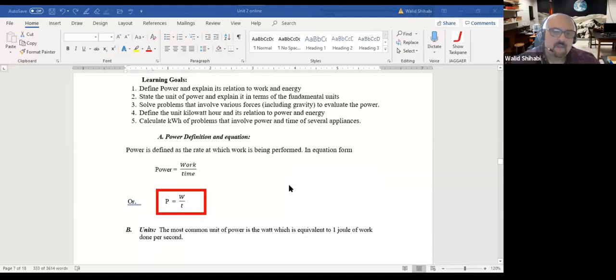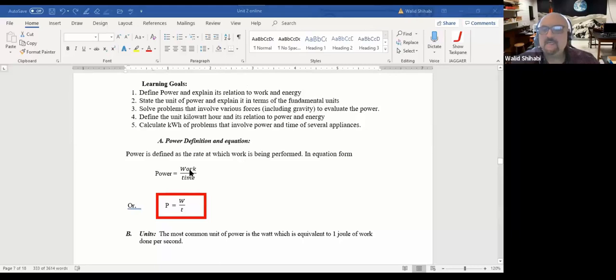Okay. So what is power? Power is the rate at which work is being done, the time rate at which work is being done. So for something to have big power, it's not enough to do big work. It's not enough to spend a lot of energy. You have to do it at a very fast rate, how fast you are expending energy, how fast you are doing work. So power is defined as work over time or energy over time.